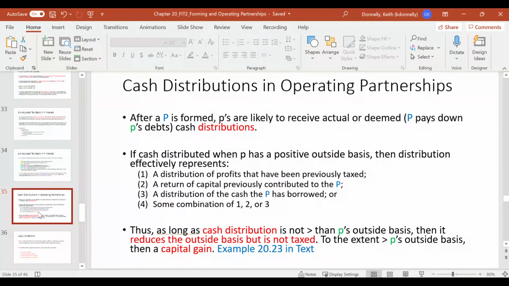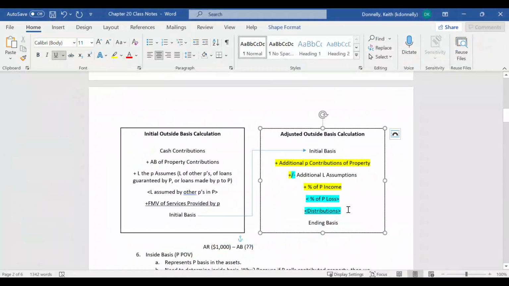The next thing here is distributions. What are these? These are essentially just cash payments made to you, or it could be property, whatever the case is. Something is pushed out to you from the partnership. I'm an owner in a partnership and we're going to make a distribution to you. Generally, all the distributions are going to do is reduce your outside basis. It's basically the opposite of a contribution. If you contribute more, your basis is going to be bigger.